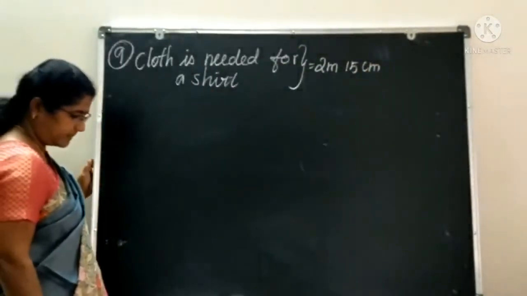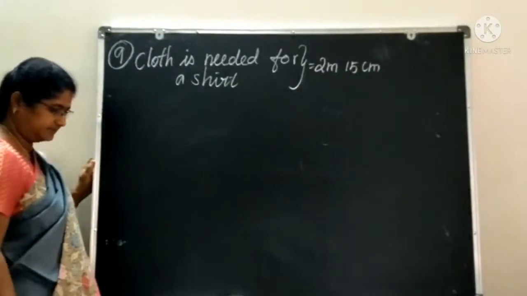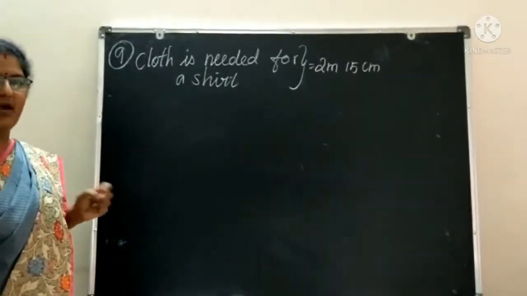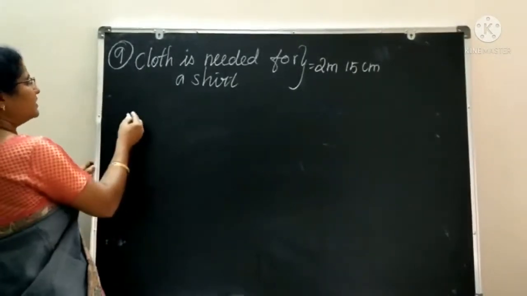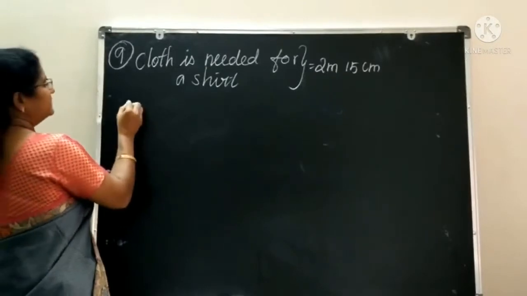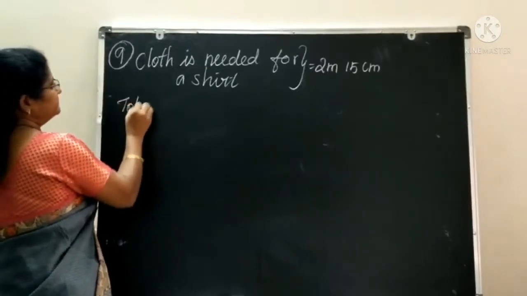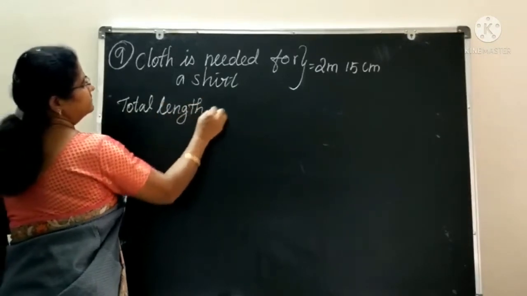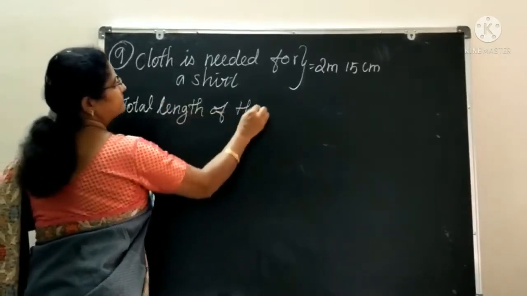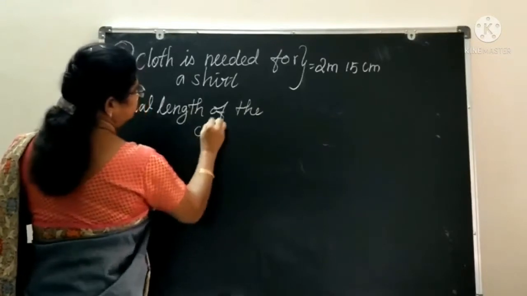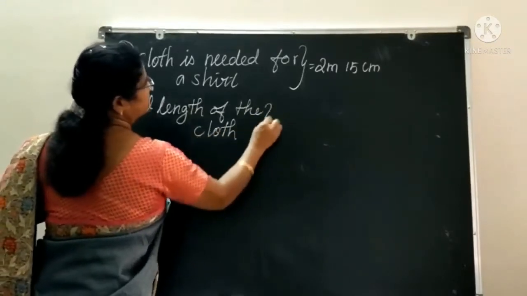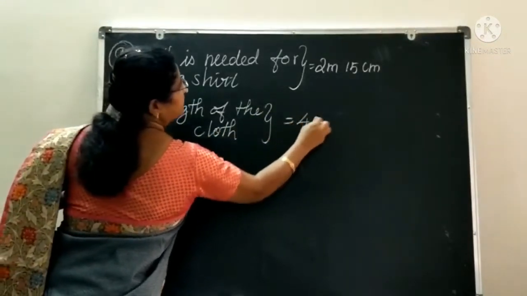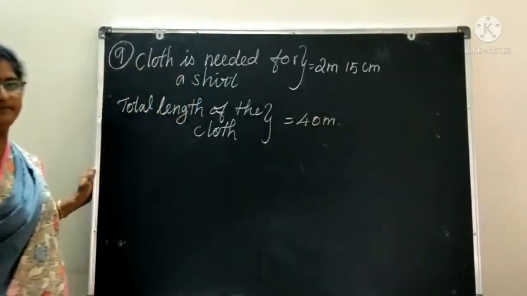Next, the total cloth, out of this 40 meter cloth. So the total length of the cloth is equal to 40 meter.